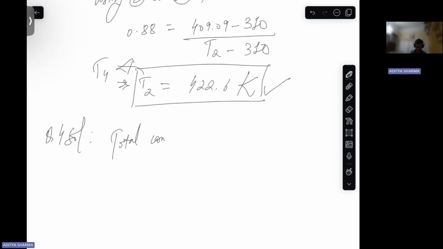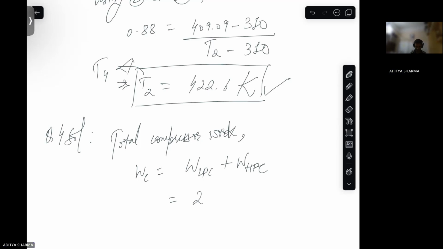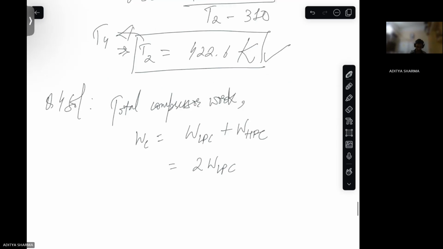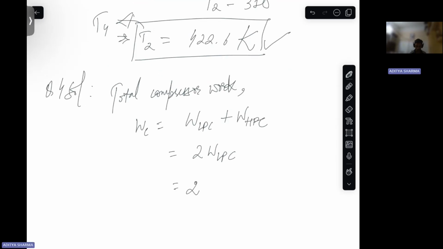Total compressor work WC is low pressure compressor plus high pressure compressor. Because of perfect intercooling, both the works will be the same. And this can be written as this.